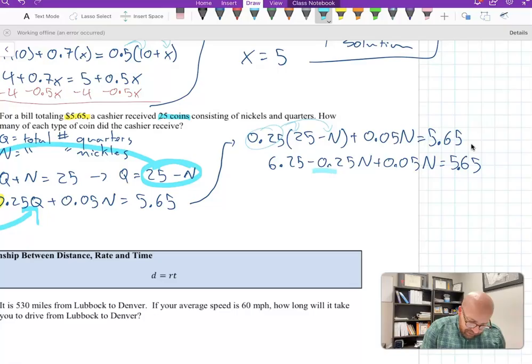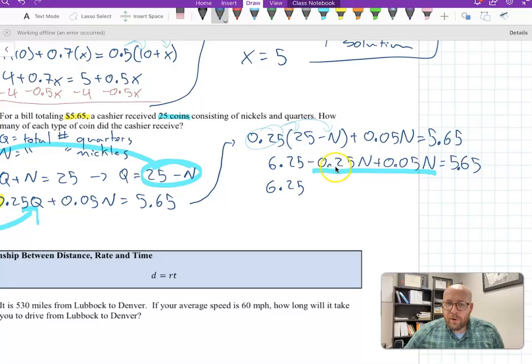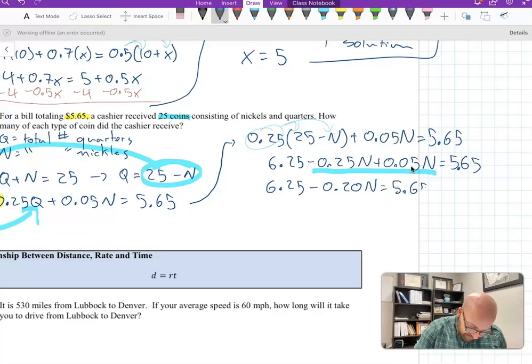We can combine our n terms together. That's 6.25, and 0.25 plus 0.05 is going to be a negative 0.20n is equal to 5.65.